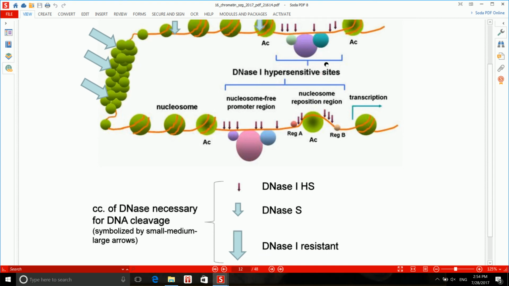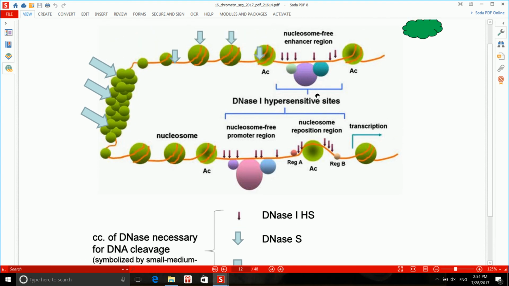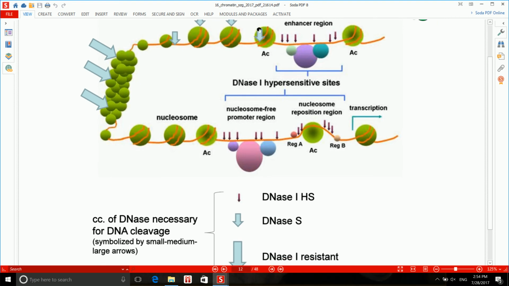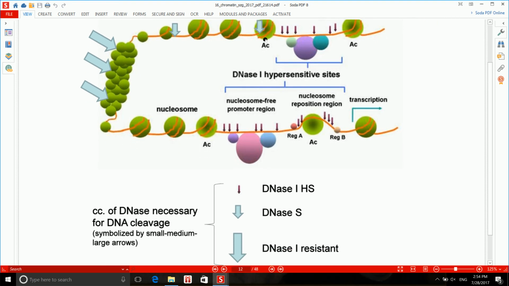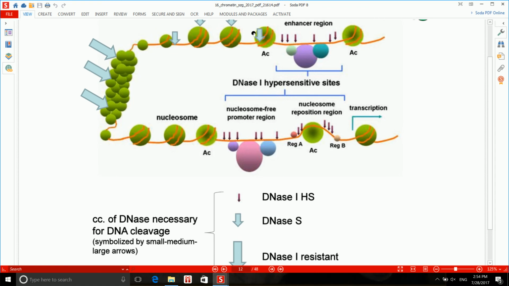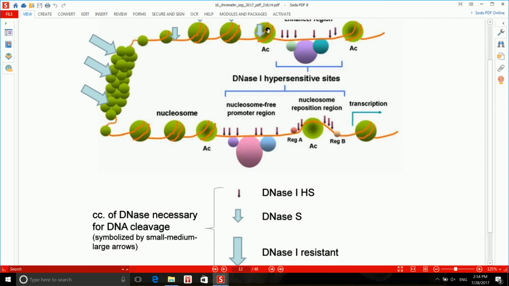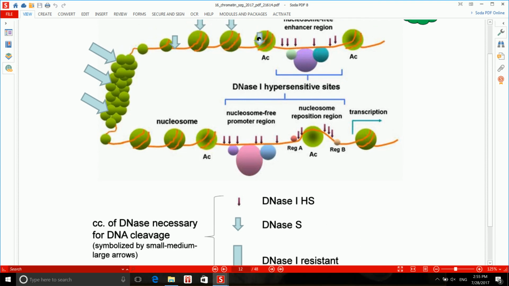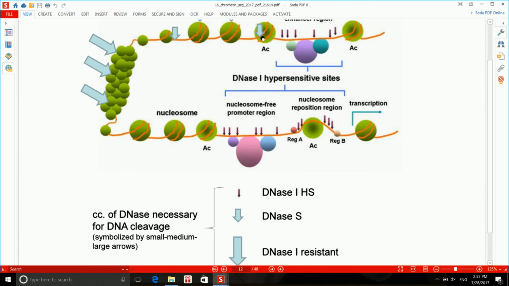And an important example of one of these nucleases is DNase 1. You can see in a place where it is on the nucleosome itself, like here, we've got this flash, which means that this DNA, due to its very high condensation, is very resistant to DNase enzymes.